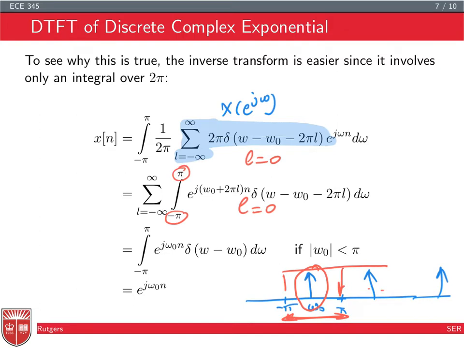For L equal to 0, I get the integral of e^(j omega 0 n) times delta(omega minus omega 0) d omega. And this will give me e^(j omega 0 n) at the end. So x of n is exactly the complex exponential that I started with, which means that the formula is correct.